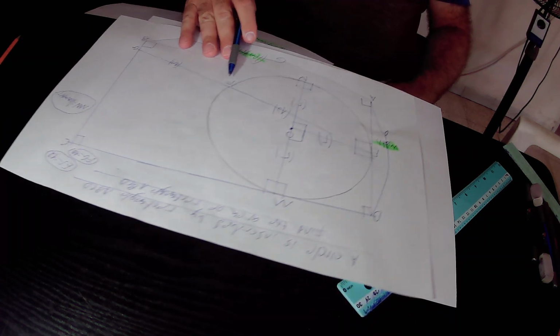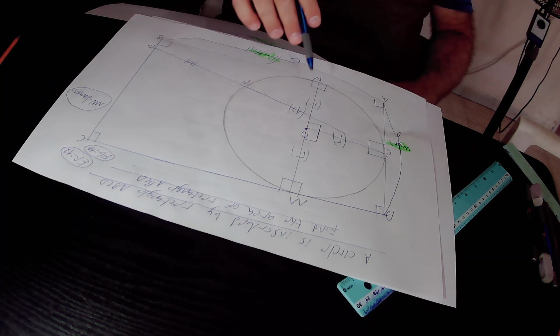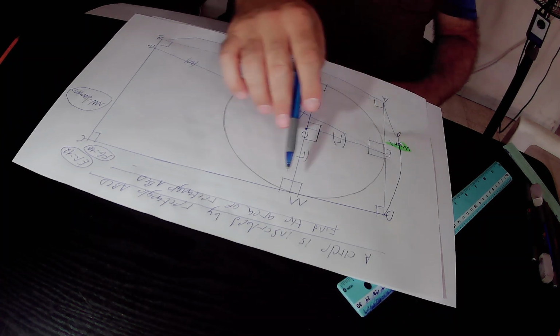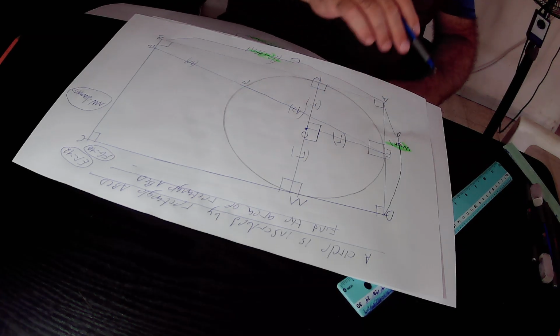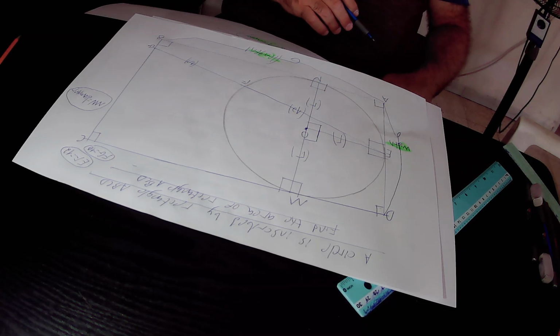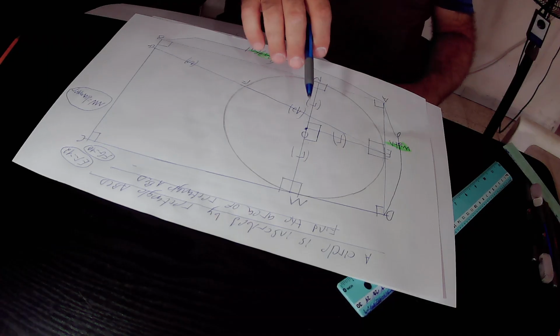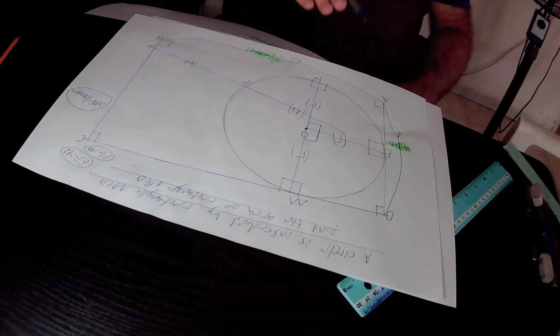So in this shape D, M, N, and A, we have 1, 2, 3, 4 sides, and therefore shape DMNA is a quadrilateral because it has 4 sides, and it is a quadrilateral with 4 right angles, and therefore it is a rectangle. Okay.